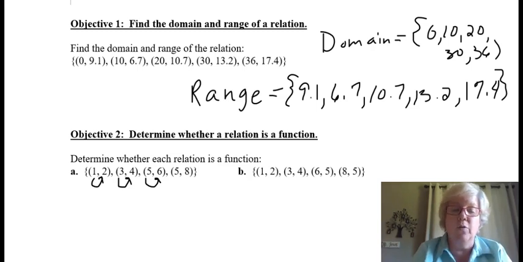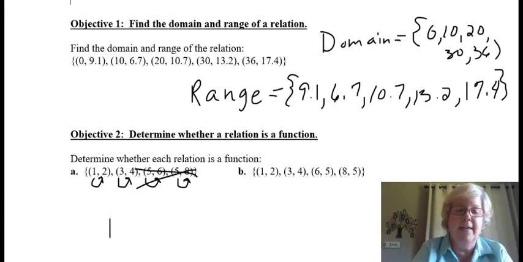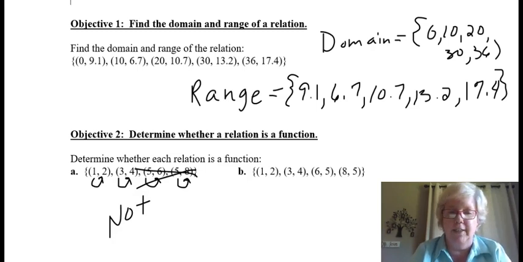However, in the last ordered pair, it says 5 goes with 8. That's like being married to two people at the same time. Legally, that's not supposed to happen. So the x should not be duplicated there with two different y's. If you see that, then that is an example of ordered pairs which are not functions.